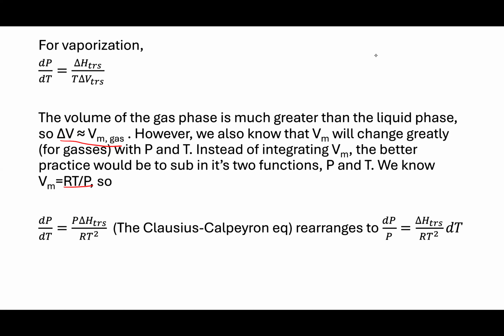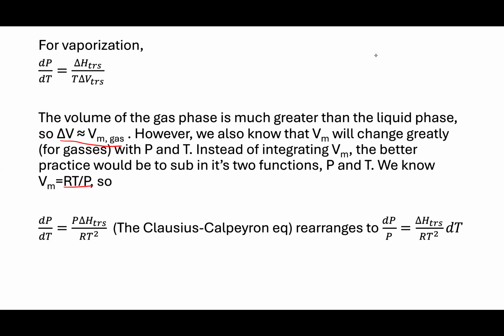We get this sort of arrangement here, P delta H over RT squared, which is the Clausius-Clapeyron equation. We rearrange it a little bit, and we get this version, which is dP over P equaling delta H over RT squared times dT.